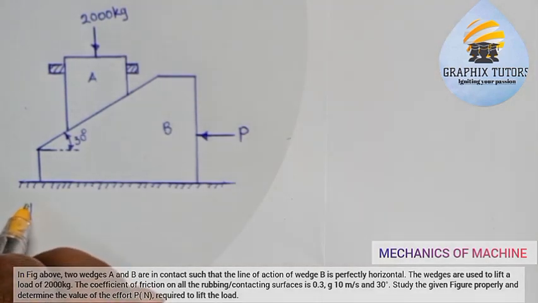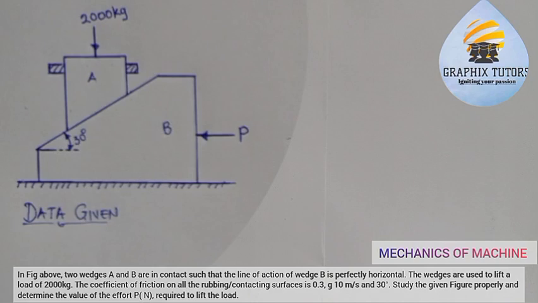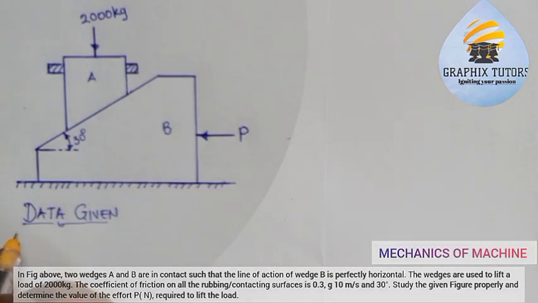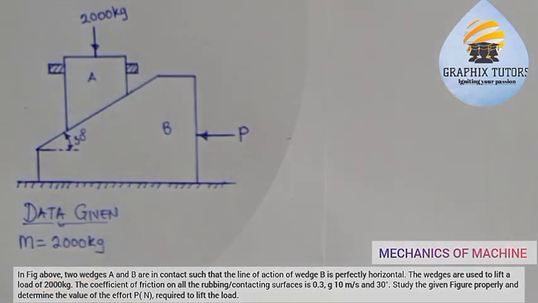The data given: the first one is the mass in kilogram. The mass is given to be 2,000 kilogram.